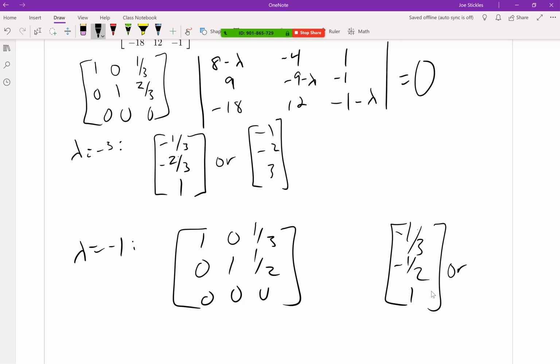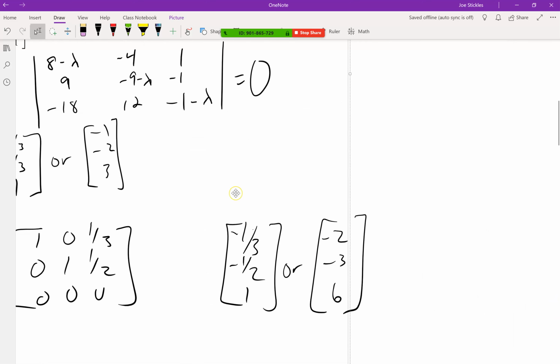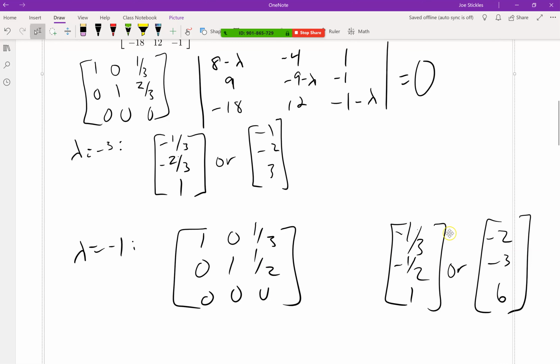Or again, if you don't like fractions, you could multiply by 6 and get rid of all your fractions. You don't have to. You can leave the fractions in there, or you can make really wacky things if you want to multiply it by a completely different scalar. I just prefer to write it without the fractions.